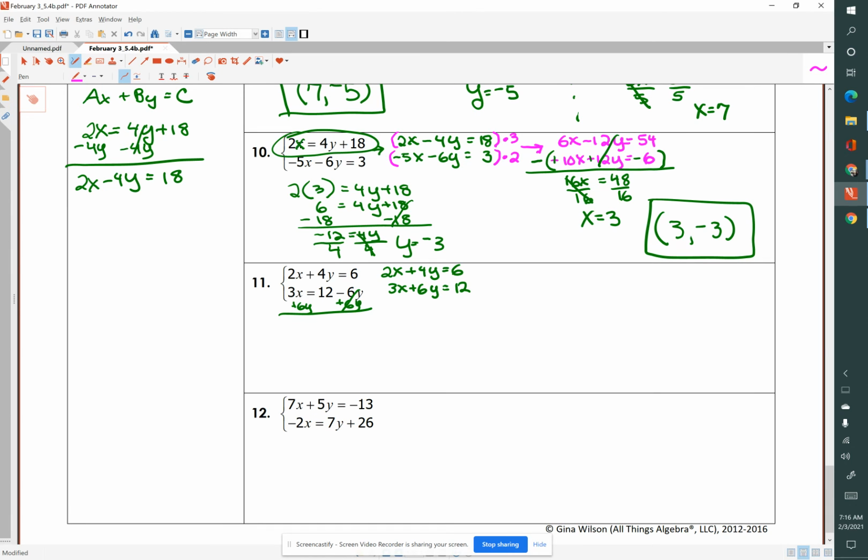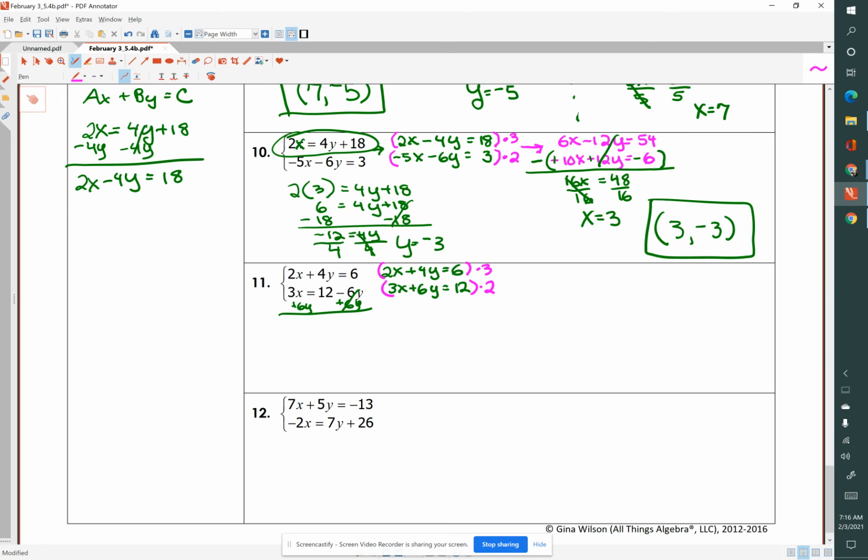So I think what I will do is eliminate the y's. I've got the 4y and I've got 6y. So I'm going to multiply the first equation by 3 and the second equation by 2.